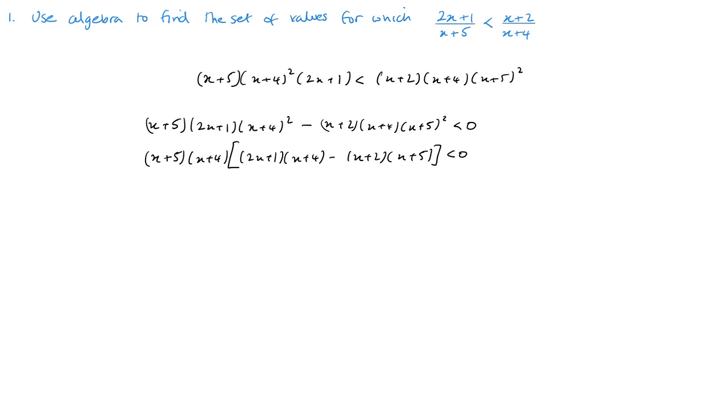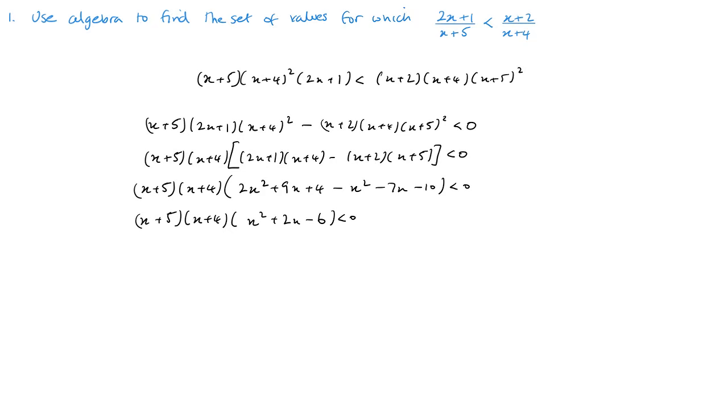So I just need to expand these now and simplify. Now I need to work out the critical values. So my critical values are x equals -5, x equals -4, and I need to sort this out. Now this doesn't factorize, so I will need to use the quadratic formula.